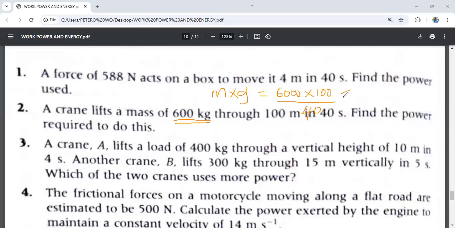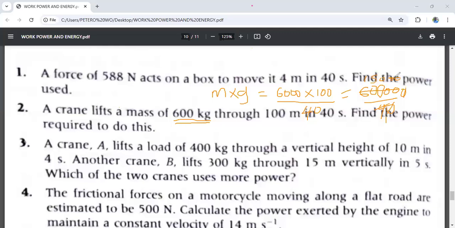So we have 6,000 times 100 divided by 40. You'll have 1 zero going off, and when you divide by 4, you get 1 and 5, then the 3 zeros.